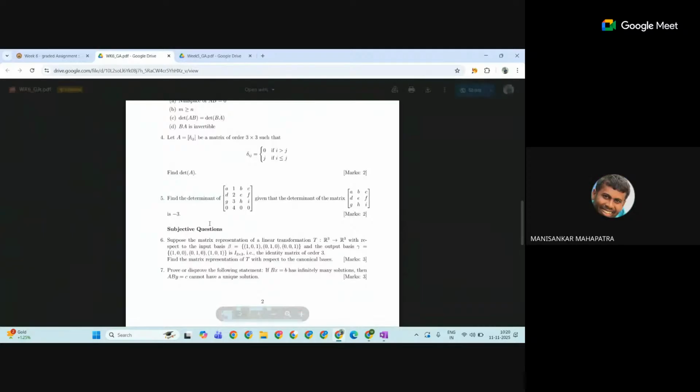Question number 6, sir. X belongs to R^4 and it is a transmitted signal, and let Y belongs to R^6 be the received signal. The model is Y equals Hx plus Z, and the matrix H is given.